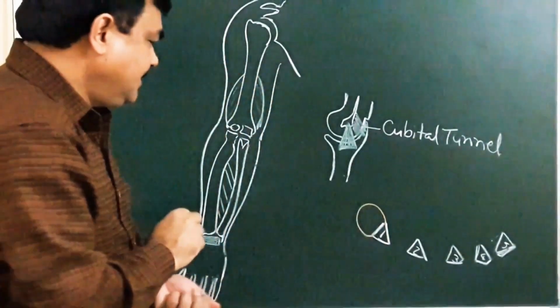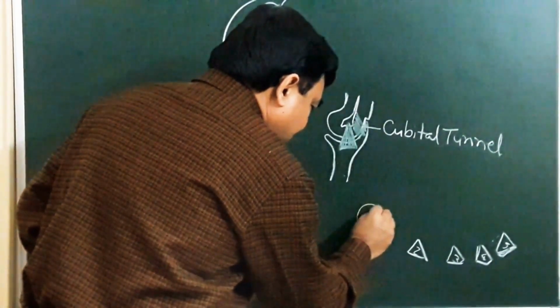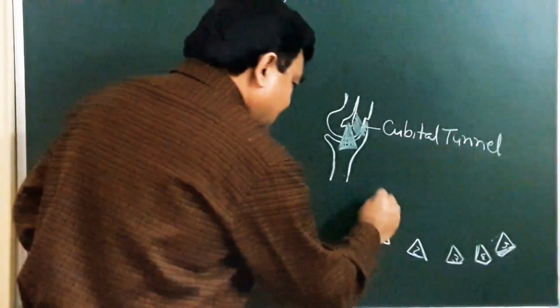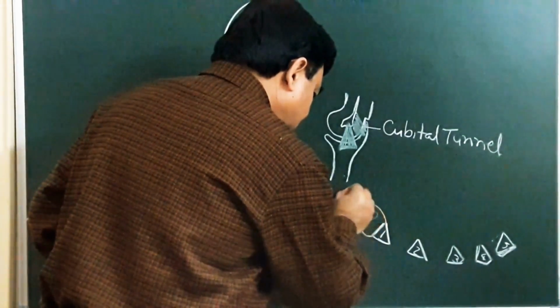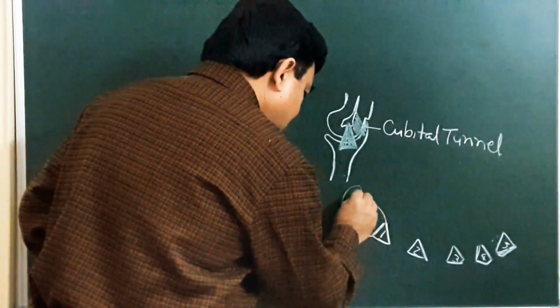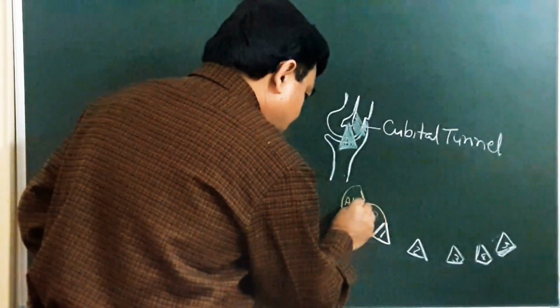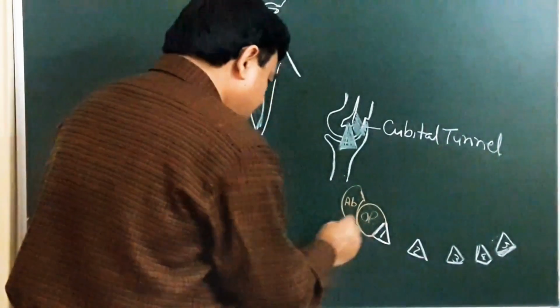Here this muscle is opponens pollicis. Here is abductor pollicis brevis.